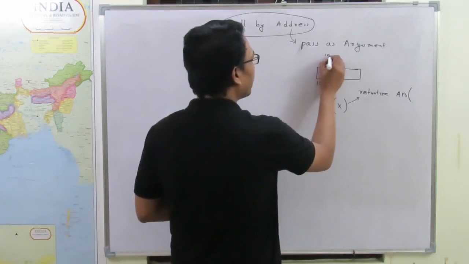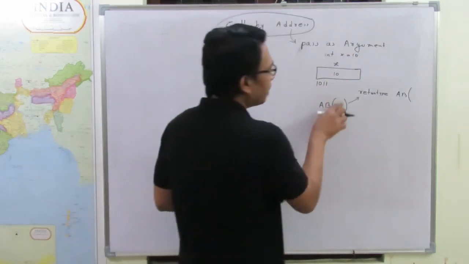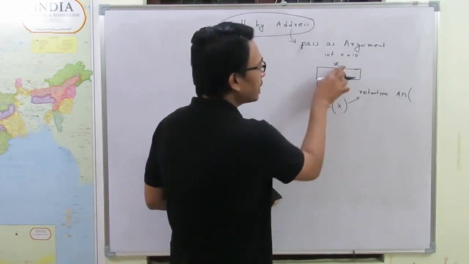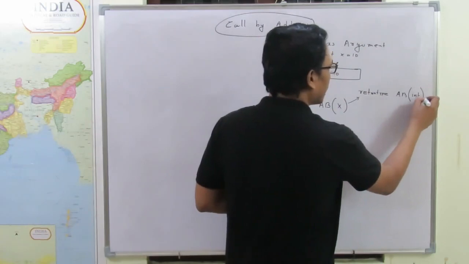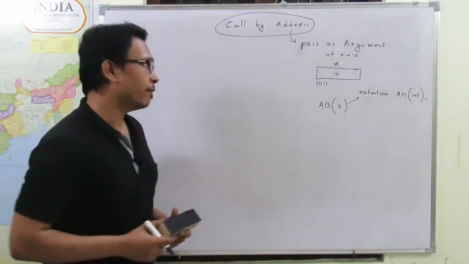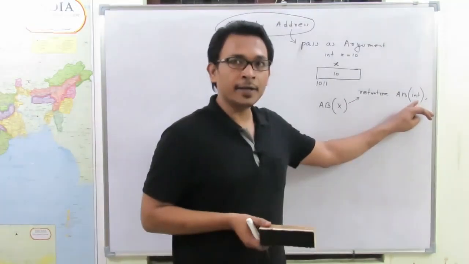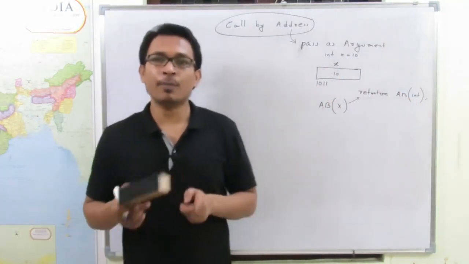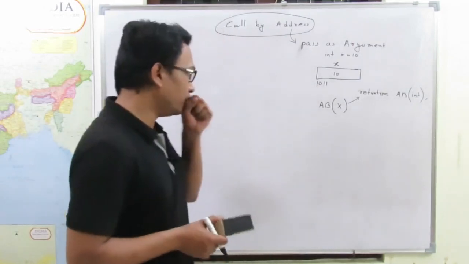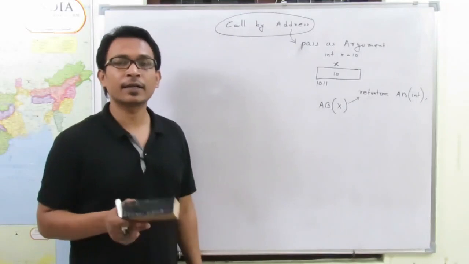Let's say the variable is declared as int x equal to 10. So at that time the type of this value is integer. So in the signature or in the prototype we specify the type of the argument that we are going to pass. Clear?